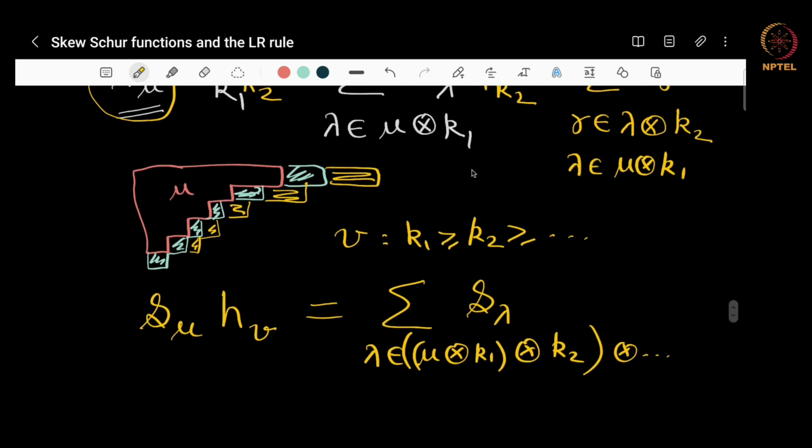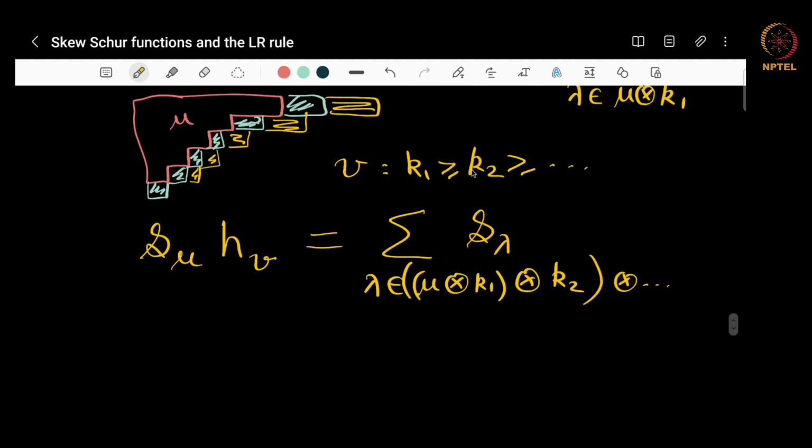And this tower, if you remember, is exactly what led to the definition of semi-standard Young tableau in the first place.